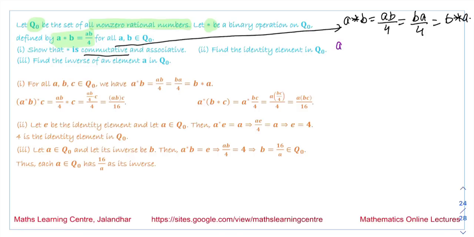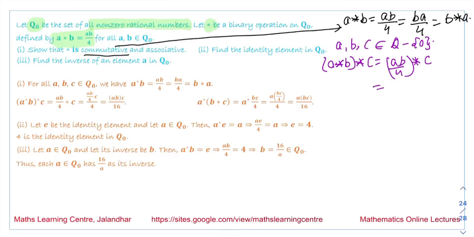Next we are talking about three elements A, B, C that belong to Q minus 0. Then (A star B) star C is equal to (AB by 4) star C, that is equal to ABC by 16.